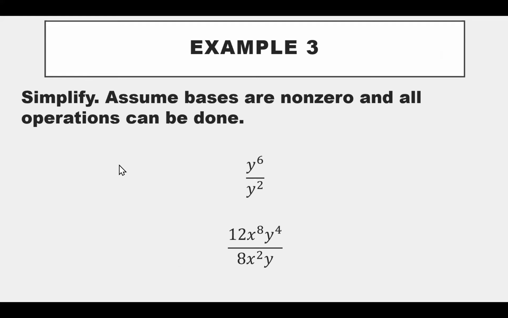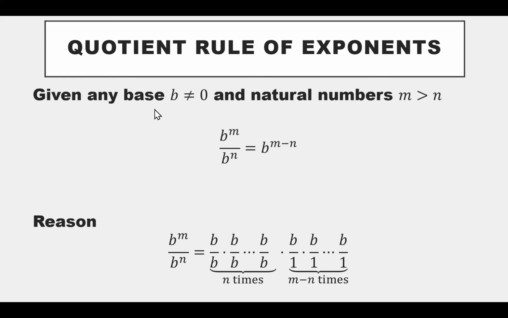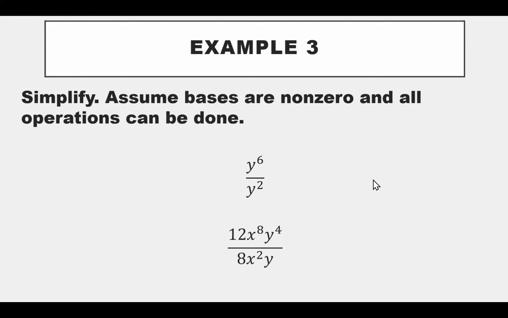So let's simplify here. Again, we'll assume the bases are non-zero and all operations can be done. By the way, the reason we're assuming that the base is non-zero is because we don't want to divide by 0. Dividing by 0 is undefined. So let's do this.